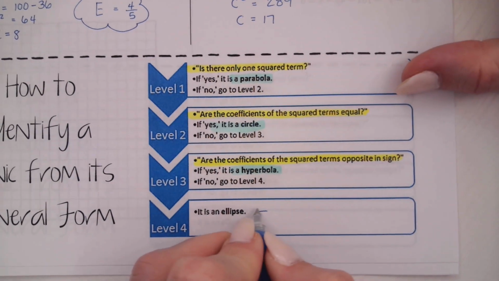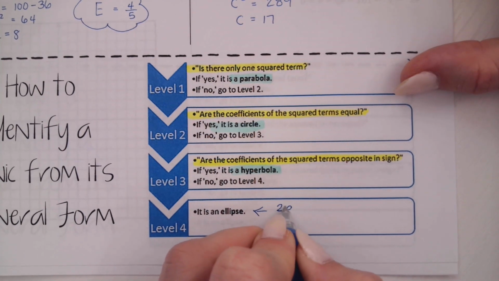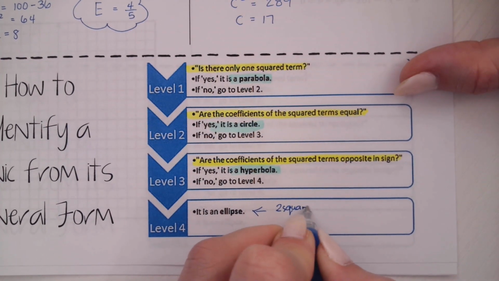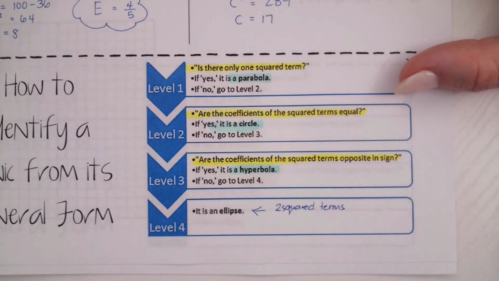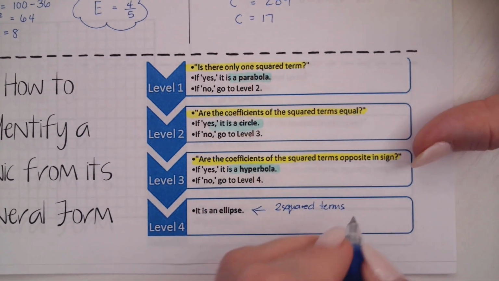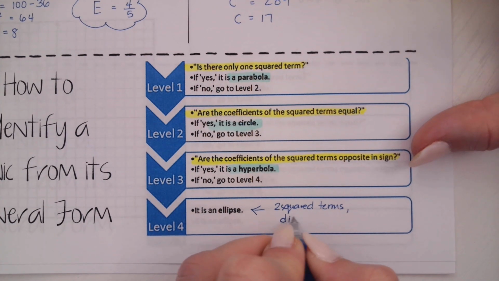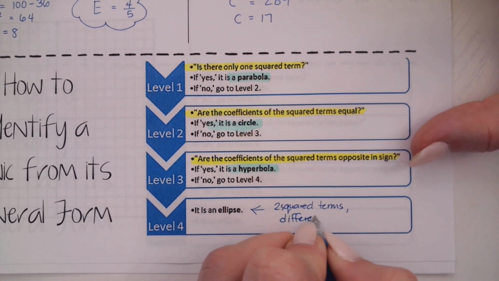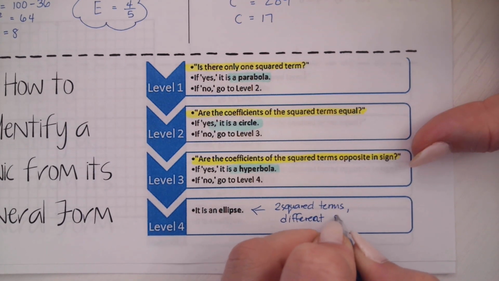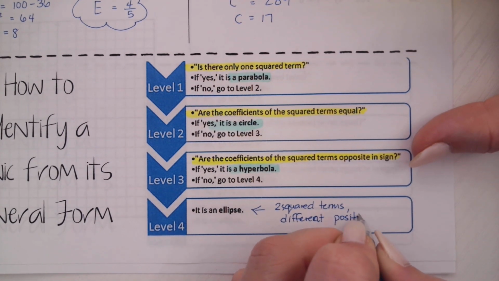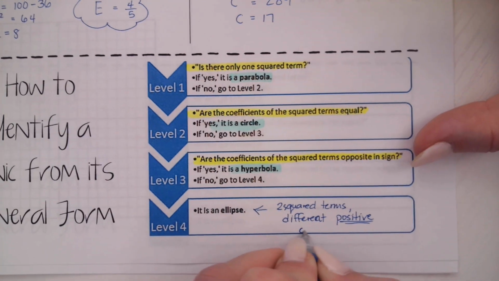The ellipse will have two squared terms that have different coefficients, but they are both still positive.